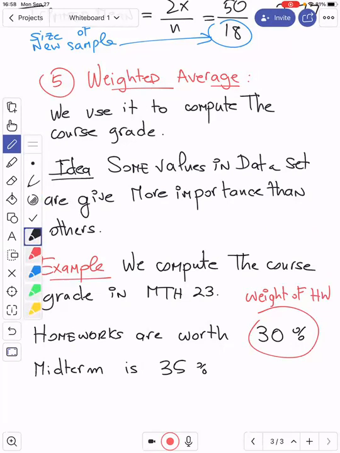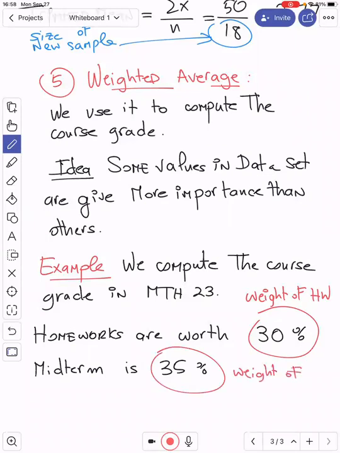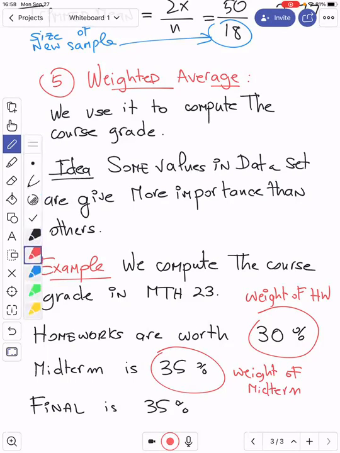This 35% is the weight of the midterm. And finally, let's say the final is also 35%. So anyway, the 30% and 35% are just weights. This is the weight of the final.